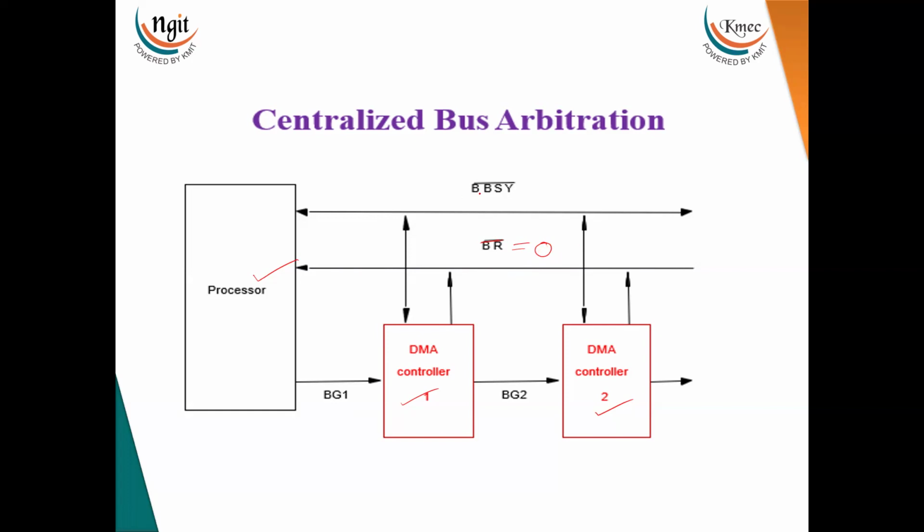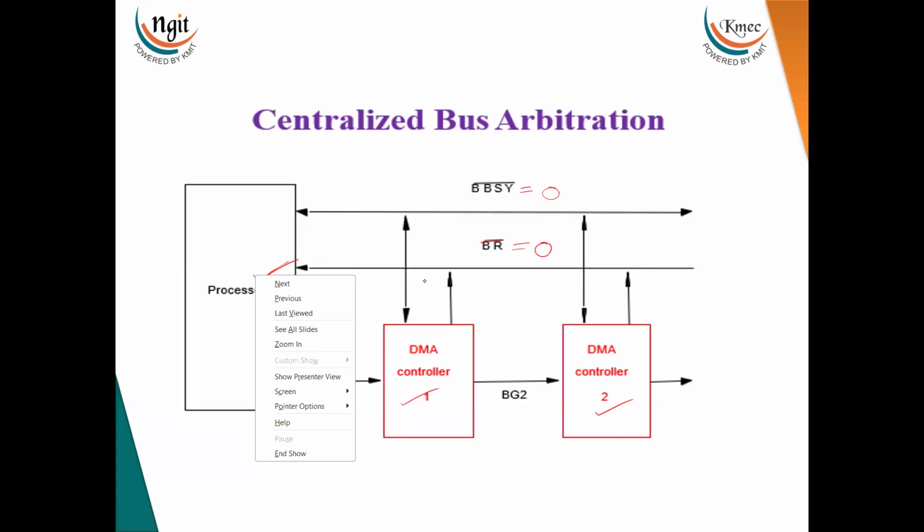Now here, if you see, bus busy has a bar. If bus busy is equal to 0, it means this bus is under the control of some device. Initially in the centralized bus arbitration, as we have already discussed, the bus is under the control of the master.